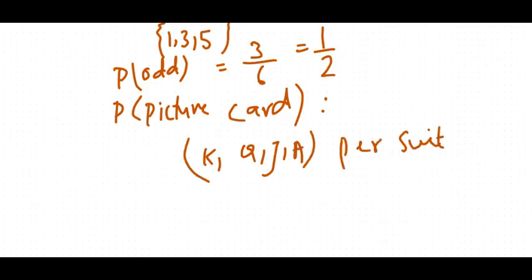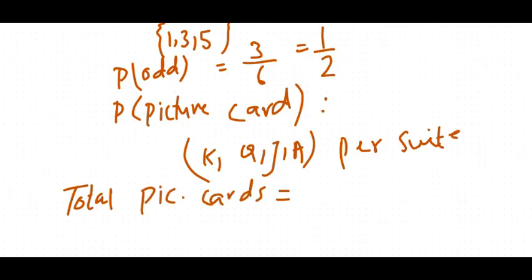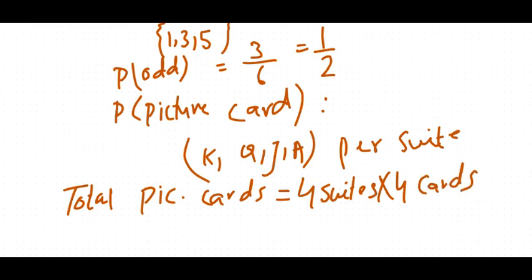So the total picture cards equals 4 suits multiplied by 4 cards per suit. So we get 16 cards.